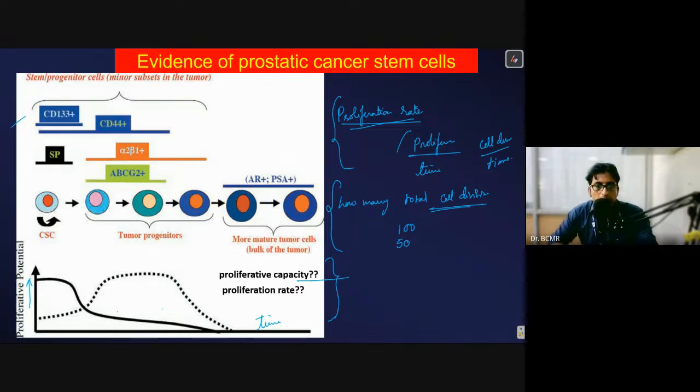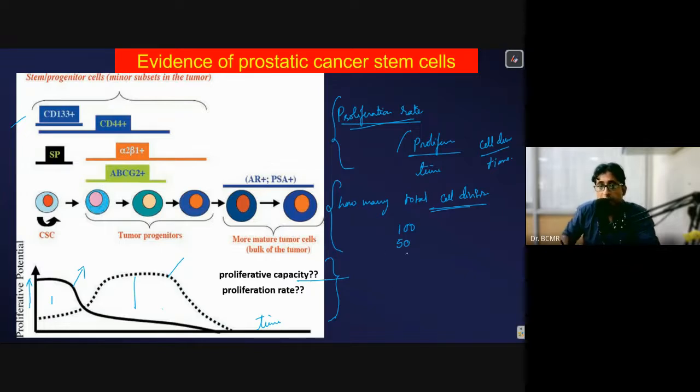So if you look at the black line here, how many times cell division is happening, it is happening dramatically. This is indicative of proliferative rate. When the cells divide, say for example the transit amplifying cells, they divide much more rapidly.